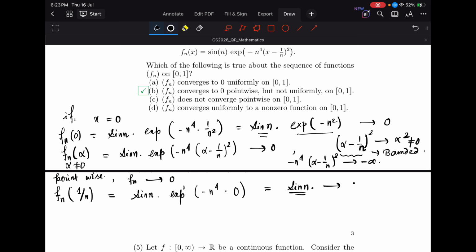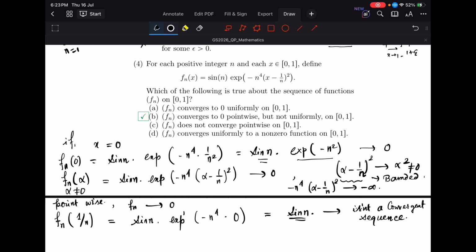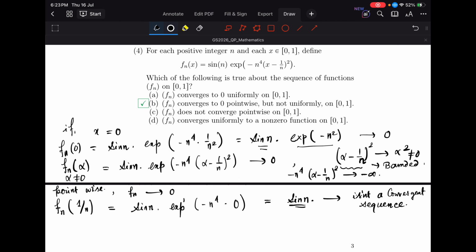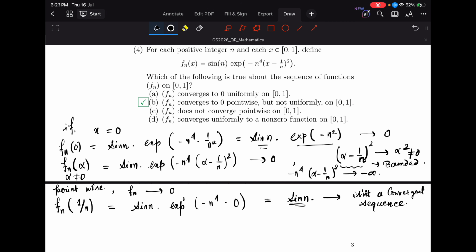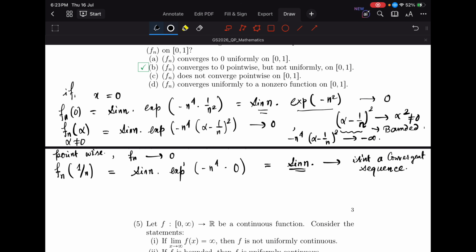This is not a convergent sequence, right? It is not a convergent sequence.